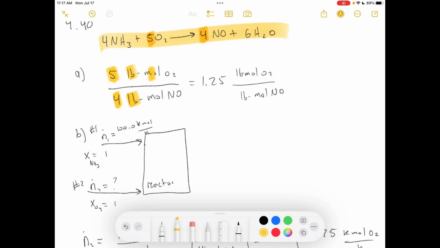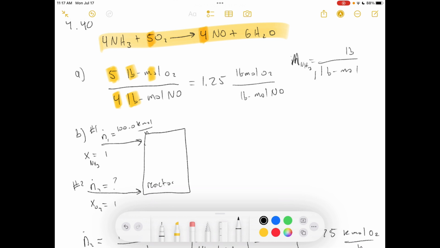Only, you have to convert pound moles into pounds. If you're working in pound moles and you want to convert that using a molar mass, say of nitric oxide or ammonia, then the mass in the molar mass would be in pounds.